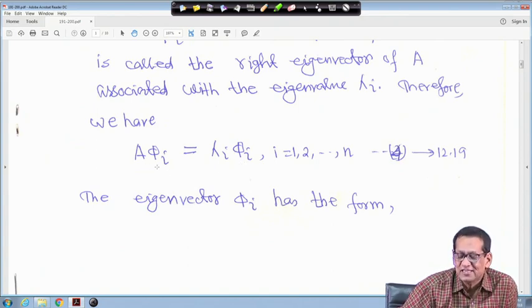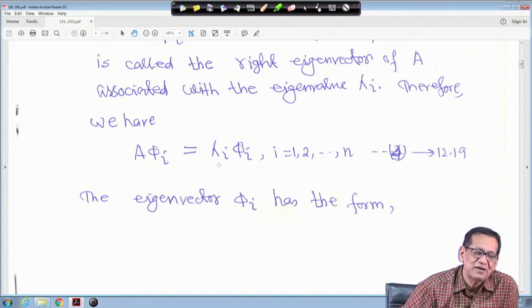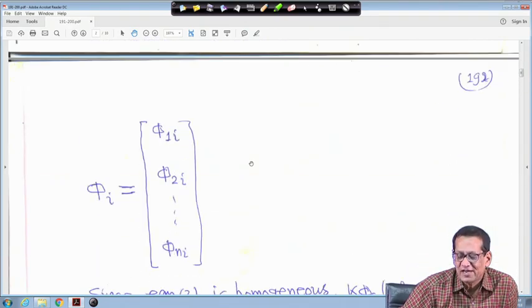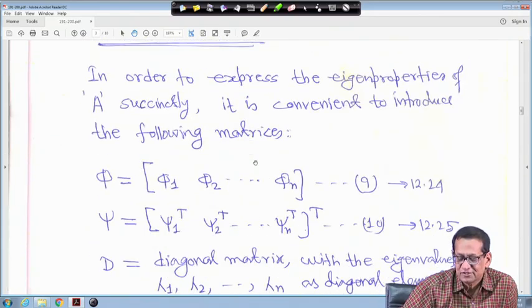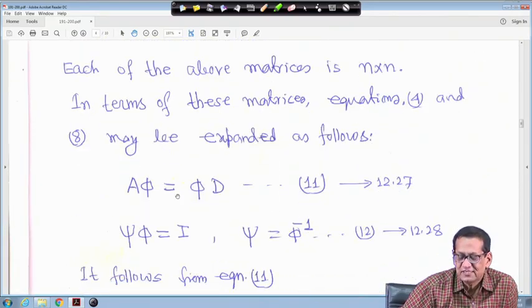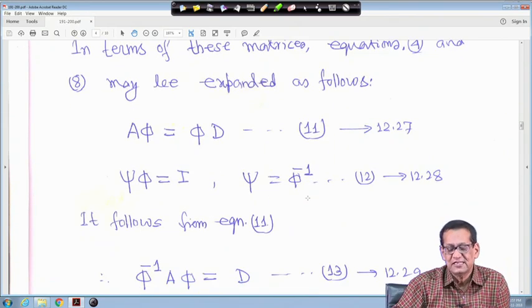In general, we write A phi is equal to phi D, because D is a diagonal matrix whose diagonal elements are the eigenvalues lambda. So, A phi is equal to phi D, this is equation 11.